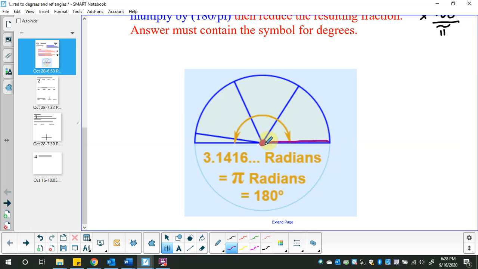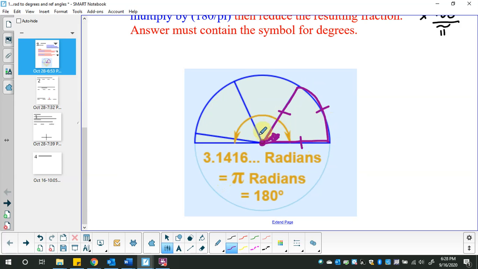It actually has unlimited amounts of radii, but if you pick 2 of them, so that obviously this length is equal to this length, because all radii are the same length, and then you have the exact same length sitting here, but on the curve, this space in here is called 1 radian.